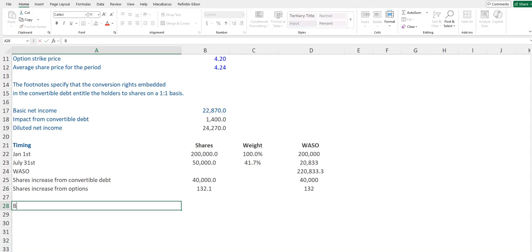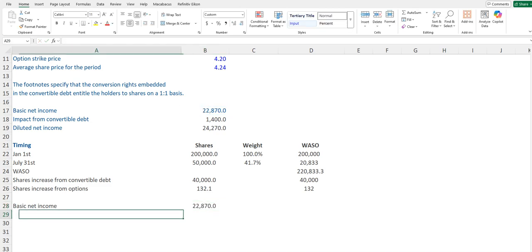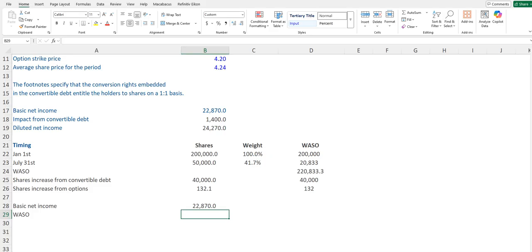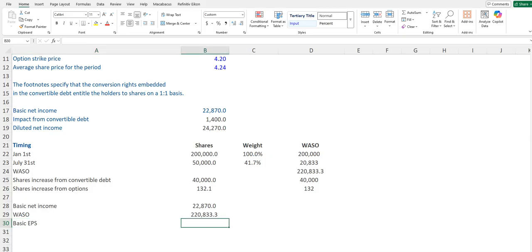So we bring down the basic net income, that's 22.8 thousand, and WASO 220. Now we can get to basic EPS, just the net income divided by the WASO.